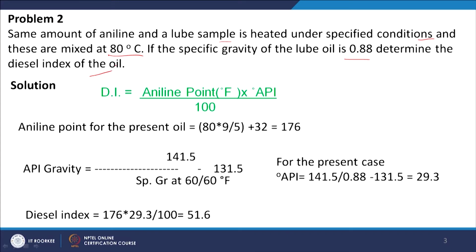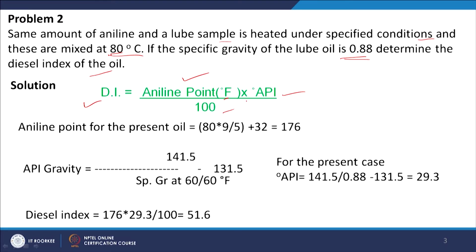We have already discussed that diesel index is equal to aniline point in Fahrenheit degree into degree API divided by 100. So, this is the formula.